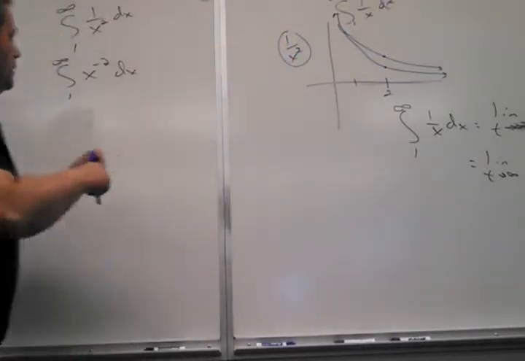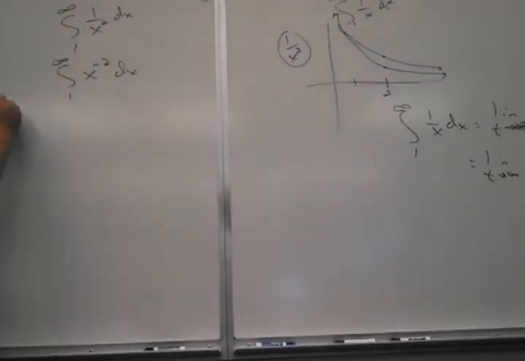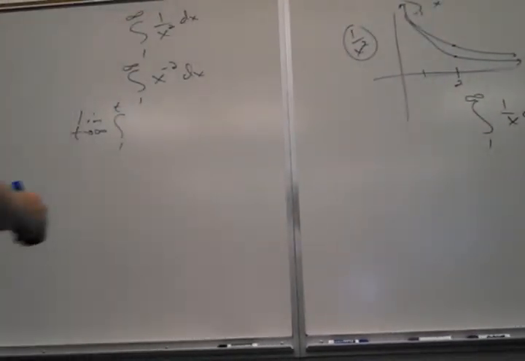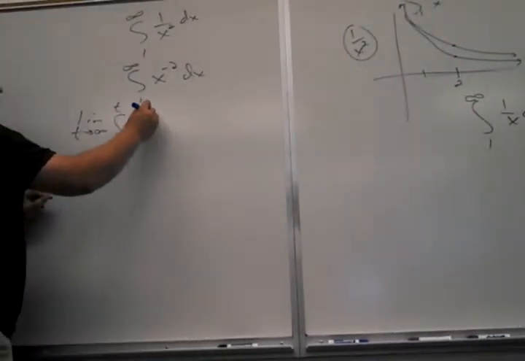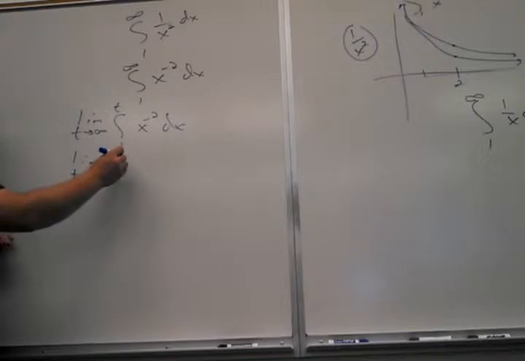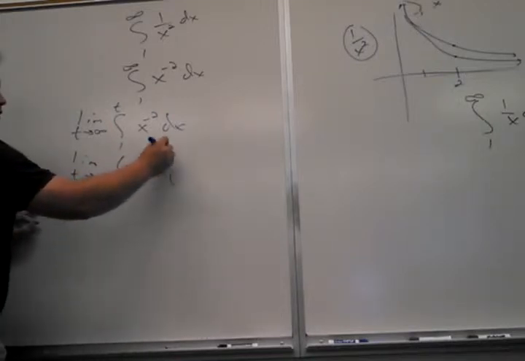Okay. So what happens if I do this? Bring the limit in. So what do I get when I integrate that? Good, so negative 1 over x from 1 to t.